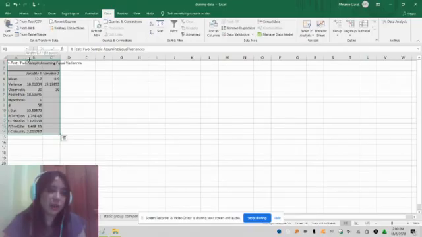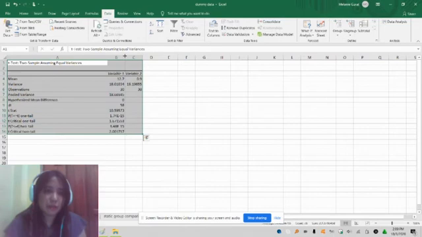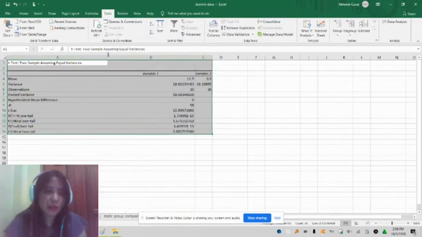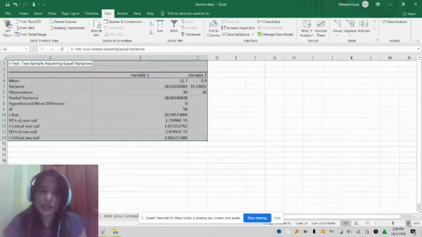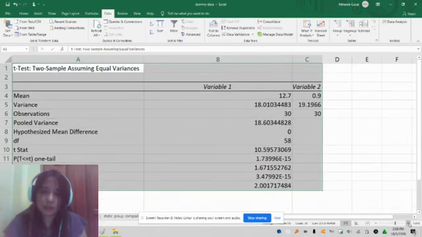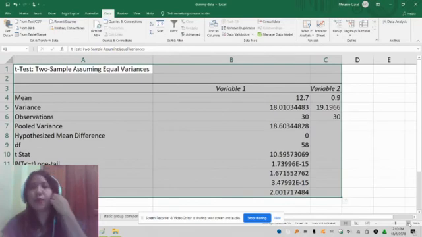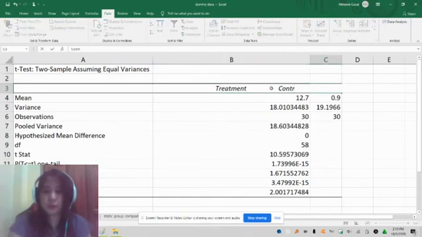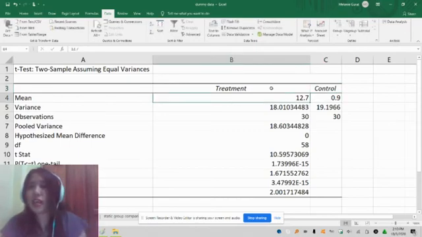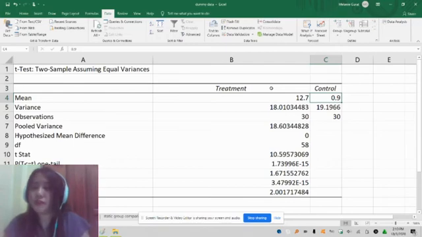So this is now the result. What is our table telling us? We have a higher gain score for group 1. So this is the treatment, and group 2 is our control. So there is an average gain of 12.7 for treatment and 0.9 for control with the following variances.